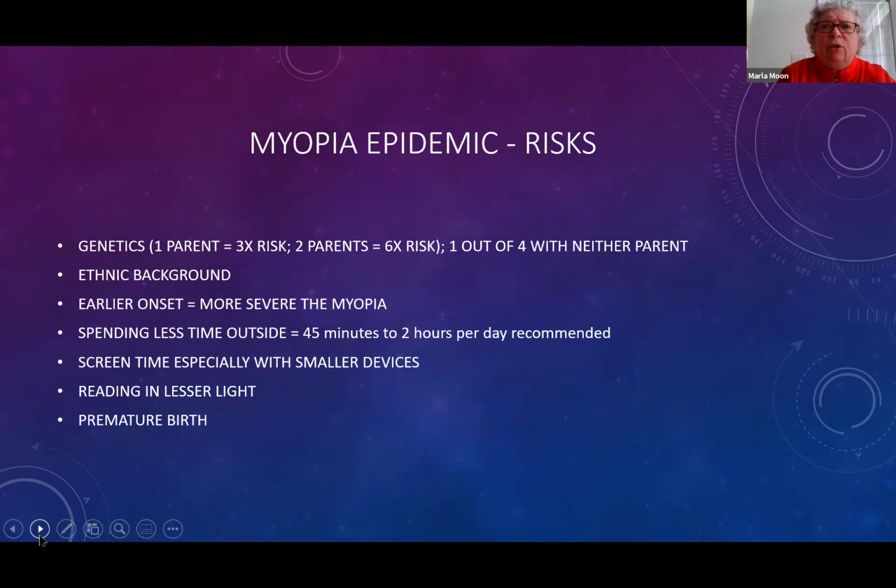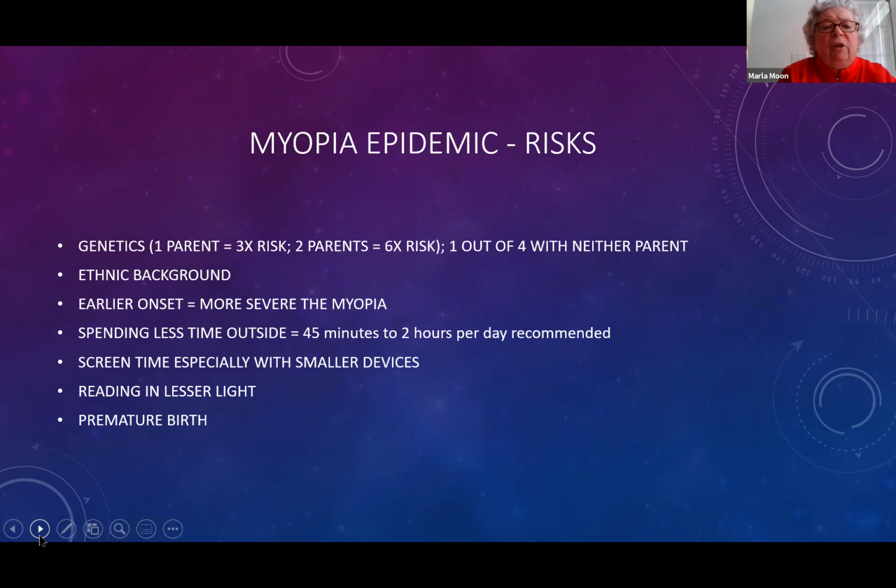So the risk factors for an individual to develop myopia, some we have no control over, but a lot we do. Genetics. We can't change the gene pool, but it does prompt us to ask additional questions to our parents that come in, even if they don't bring the kids in, and when they do bring the kids in, to ask, well, who else is nearsighted in the family?